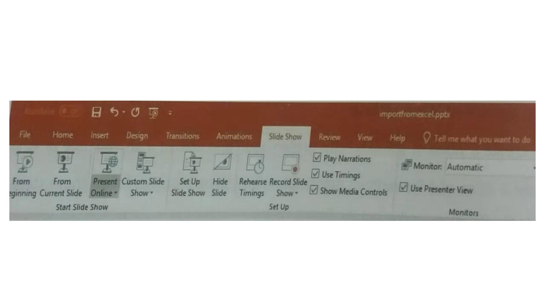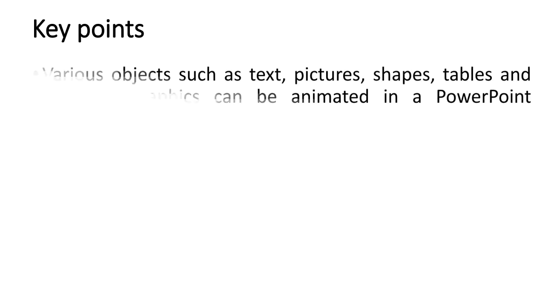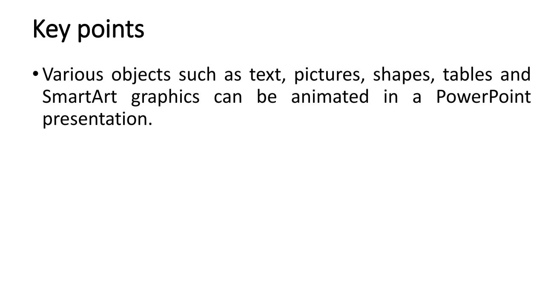So children, what did we learn in this lesson? We learned that various objects such as text, pictures, shapes, tables and SmartArt graphics can be animated in a PowerPoint presentation.